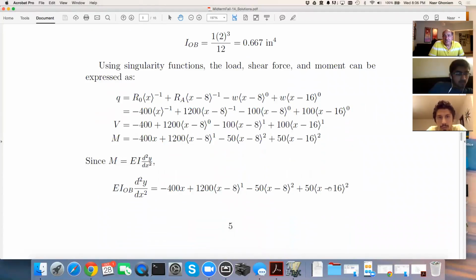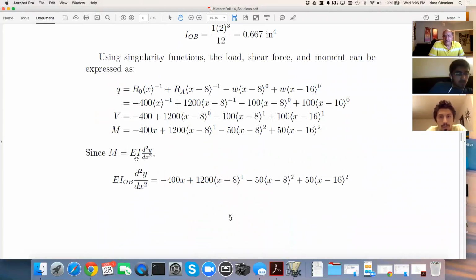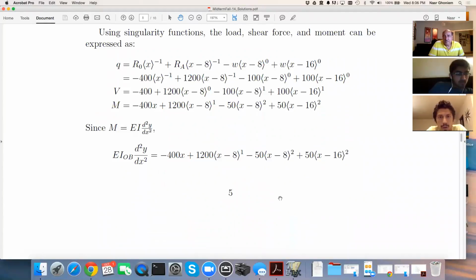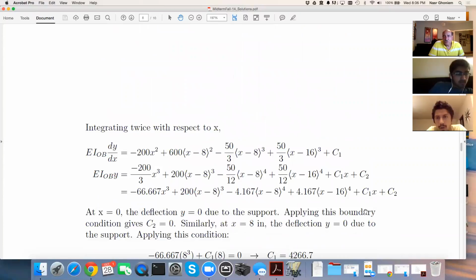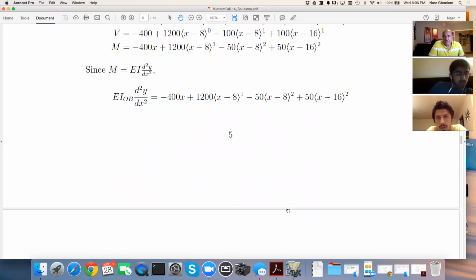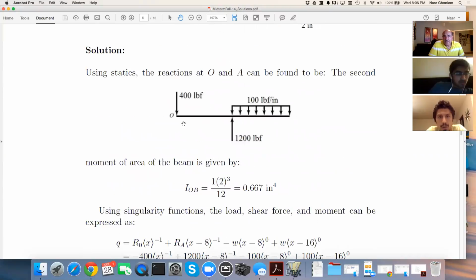Now when we do the deflection, we take M equals EI times the second derivative, and then we integrate once and twice, and then we have two constants in the integration, C1x plus C2, and then we determine C1 and C2. Now the trick for this is that the displacement here at O is equal to 0, and also at 8 is equal to 0.